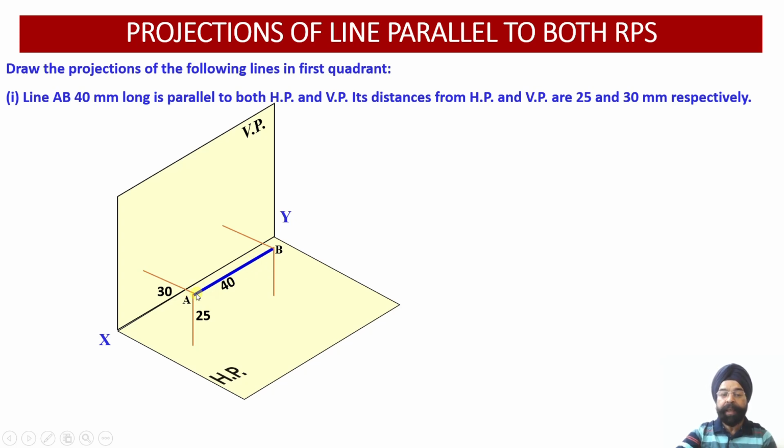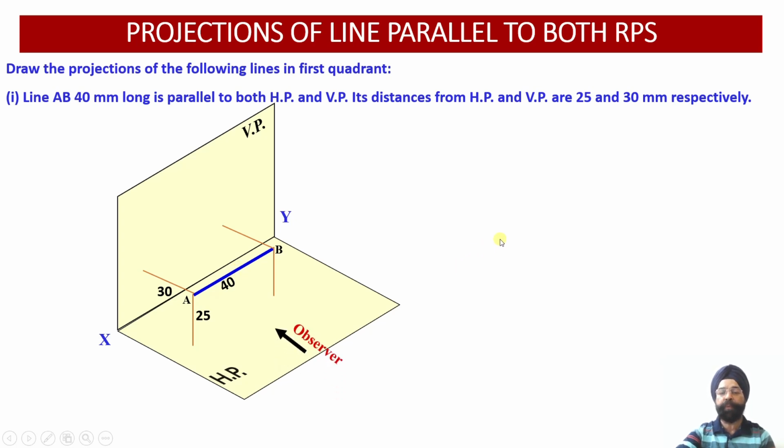Having located this line in the space governed by HP and VP, I work out that this line is located in quadrant number 1, because it lies above HP and 30 mm in front of VP.